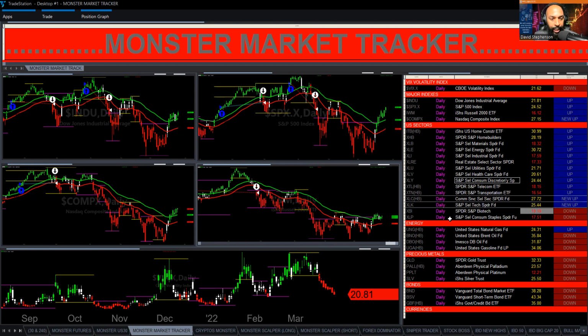So they rotated out of tech and got into precious metals and energy, and they drove up energy pretty hard. At some point they'll get out of energy, get back into tech, and so forth.